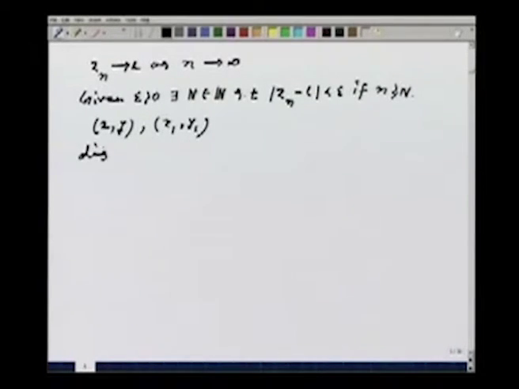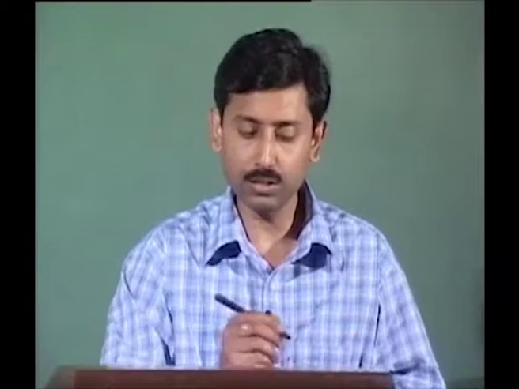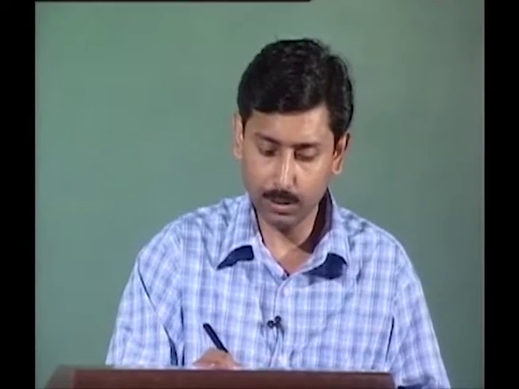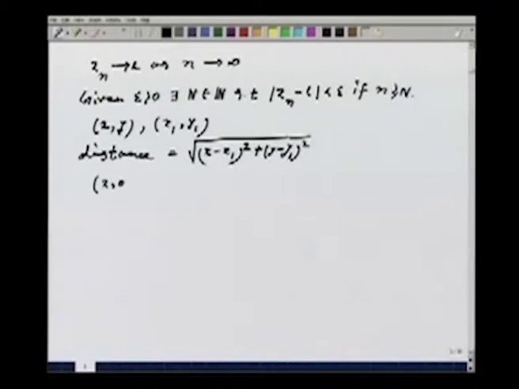So what is the distance between the above points? It is the square root of (x minus x1) squared plus (y minus y1) squared. It is a generalization of the notion of modulus, which becomes very clear if I look at the points (x, 0) and (y, 0).